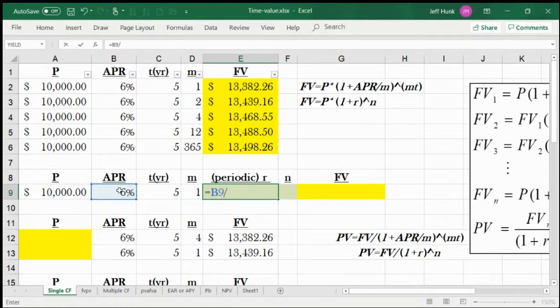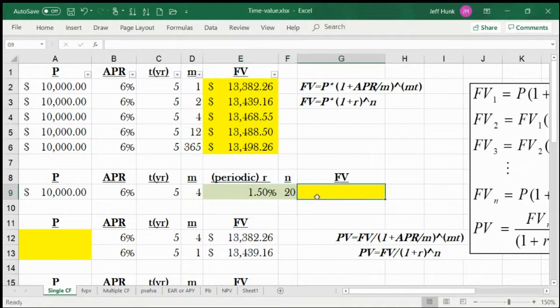So we already know what periodic rate is. It's 6% divided by 1, and N is 5 times 1. If it is annual, it's the same thing, there's no difference. But if it is, let's say quarterly, then you see the periodic rate automatically adjusts.